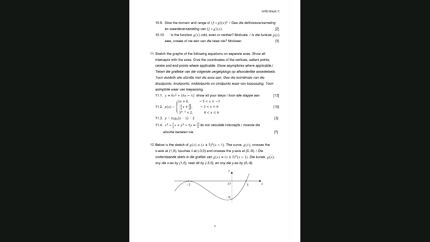You see, the function g of x is equal to x plus 3 all squared and x minus 1.